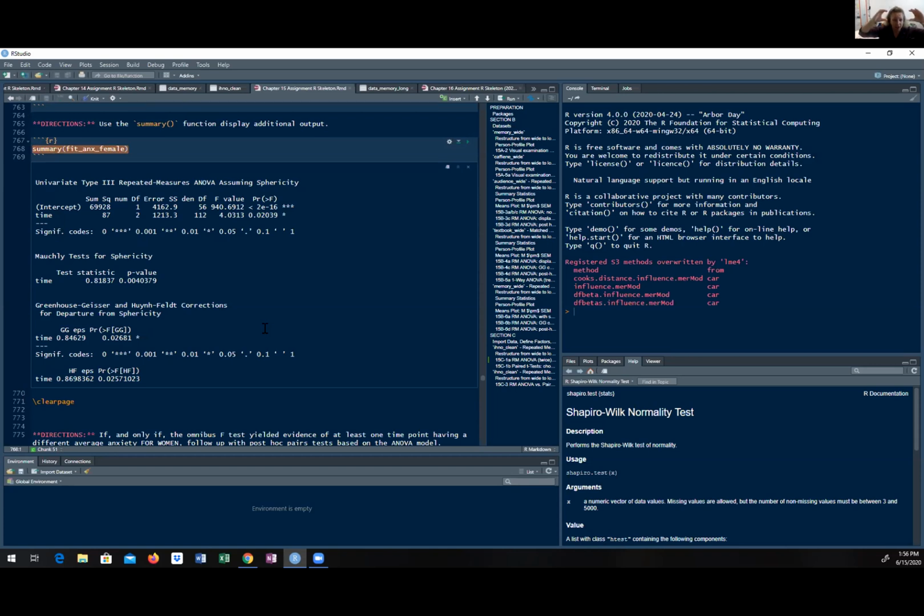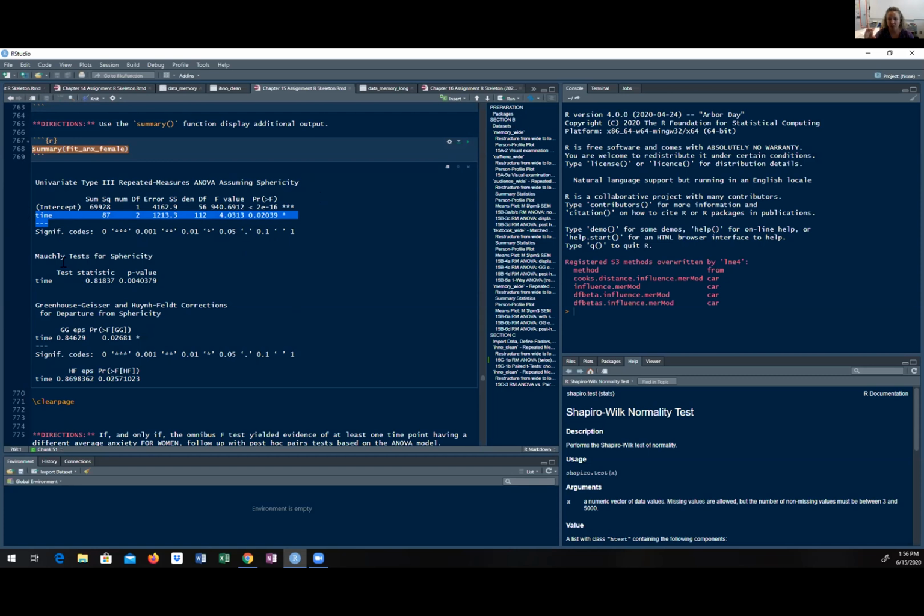The top chunk gives you the results if you assume sphericity. Ignore the intercept line; look at the second line that says time. The degrees of freedom are 2 and 112 with an F value of 4.03 and a p-value of 0.020. If you put that in, it will be wrong because of the next section.